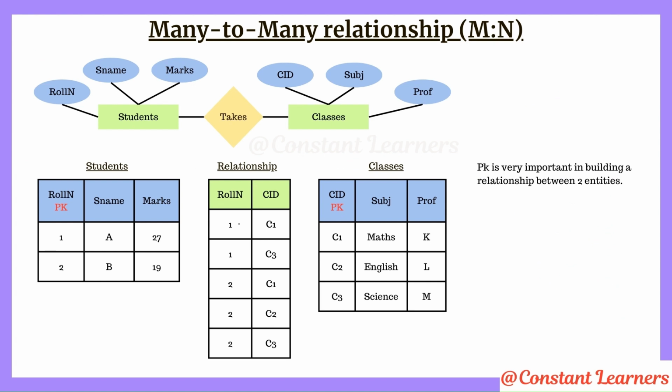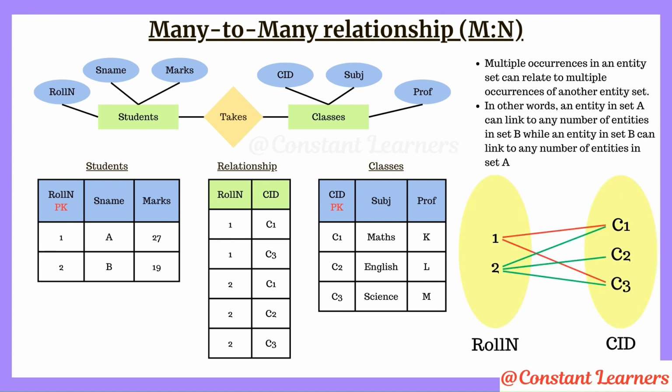In this, roll number 1 is taking two classes, that is C1 and C3. But same class C1 is being taken by roll number 2 also. Same class C3 is being taken by roll number 2 also, right? So we mean to say that many students are taking many classes, right? So we are building a many-to-many relationship.